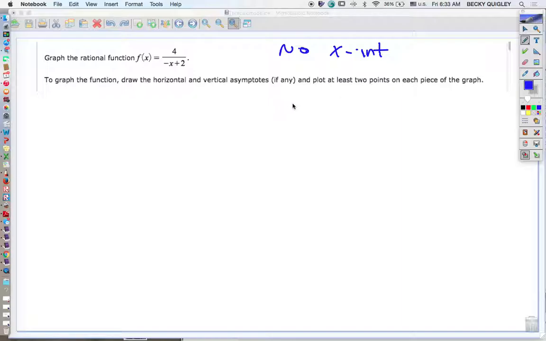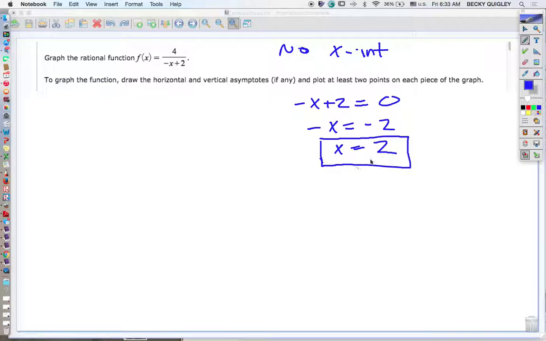So that zero of the denominator, if I set this equal to 0 and solve, gives me negative x equals negative 2, x equals 2. So we know that we have a vertical asymptote at x equals 2. So no x-intercepts and a vertical asymptote.